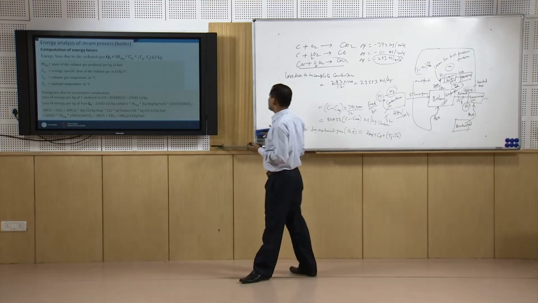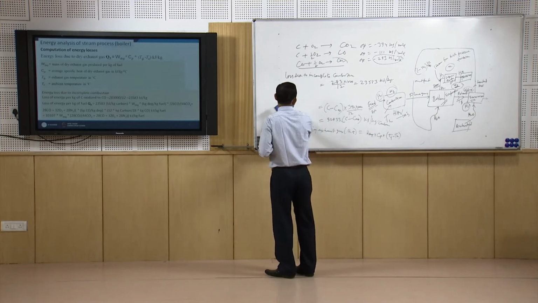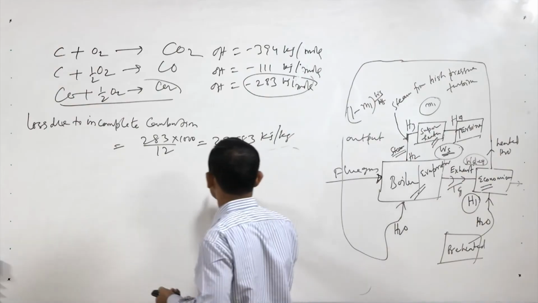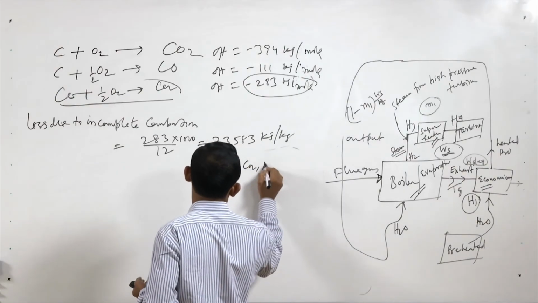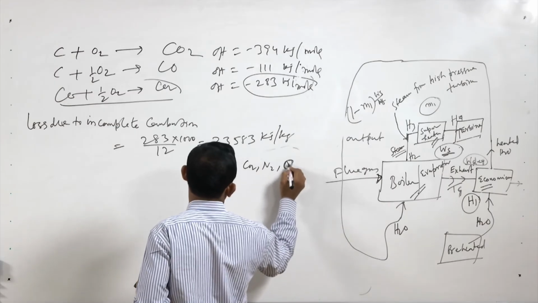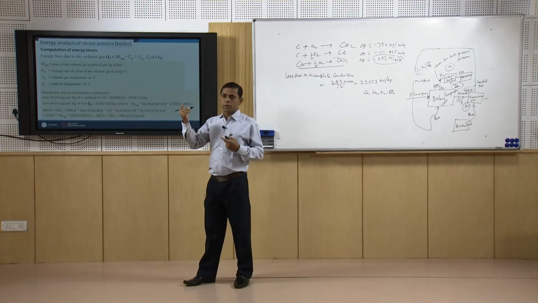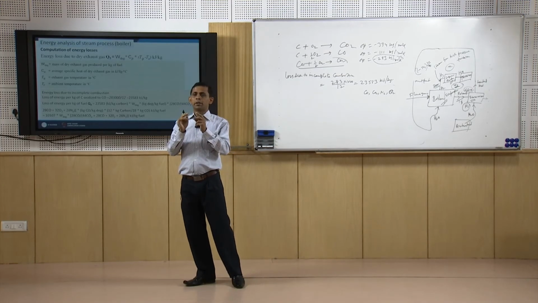Now, we have to convert in terms of kg fuel. This conversion can be done if we know the composition of the flue gas. It will have CO, CO2, nitrogen and O2. O2 will be available because in the previous modules we have discussed that for complete combustion the oxygen to fuel ratio should be higher.